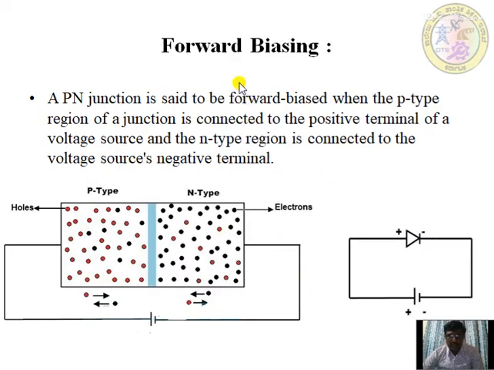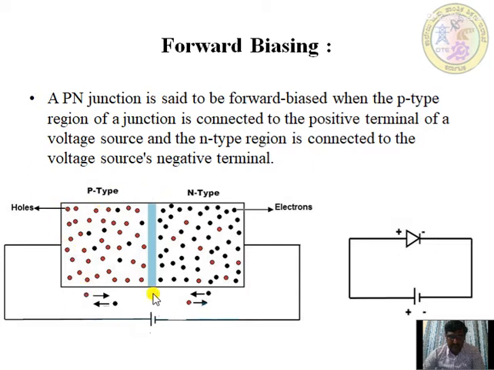So what is forward biasing? A PN junction is said to be forward biased when the P-type region of the junction is connected to the positive terminal of a voltage source and the N-type region is connected to the negative terminal. If I consider this as a diode, the positive terminal is connected to the anode and the negative terminal is connected to the cathode. This is the schematic structure of a PN junction.